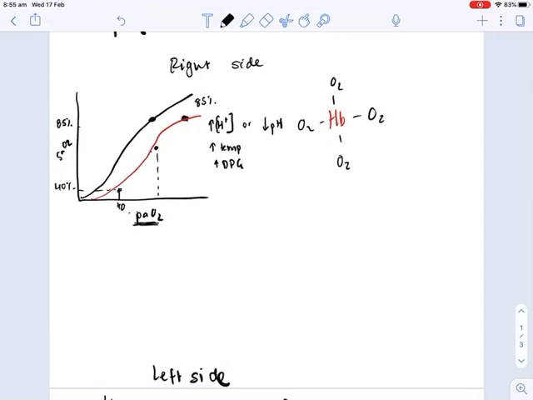When we have a right-sided shift, which can be caused by anything that affects your pH, your temperature, or your DPG, the HB lets go of the oxygen too quickly. So that's why you see these low saturations. It attaches in the pulmonary circulation, but then perhaps very quickly it offloads the O2 again, so the cells actually don't get any of that oxygen delivered.